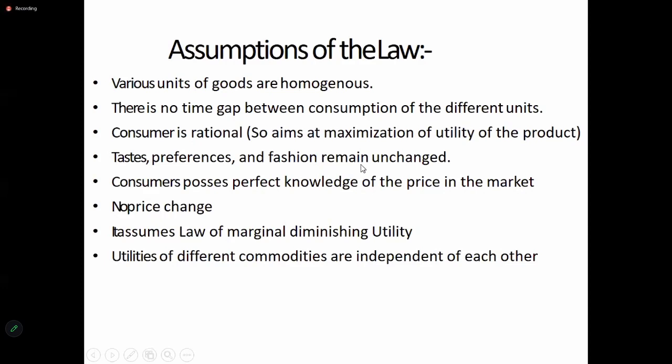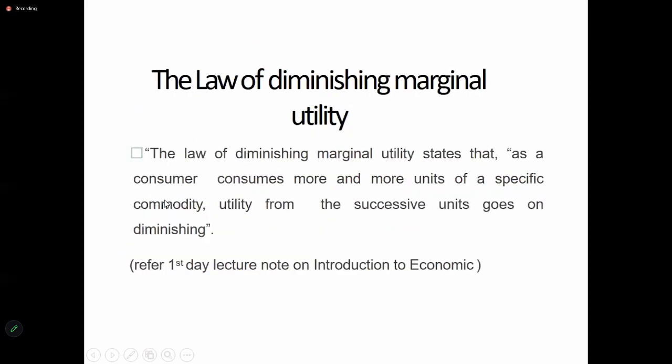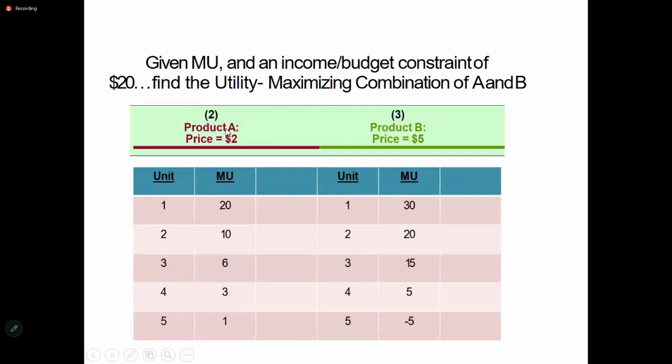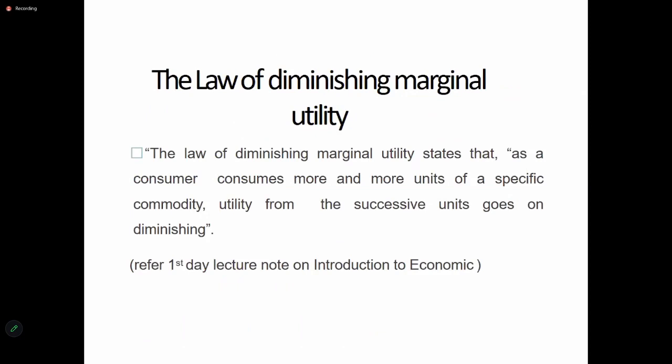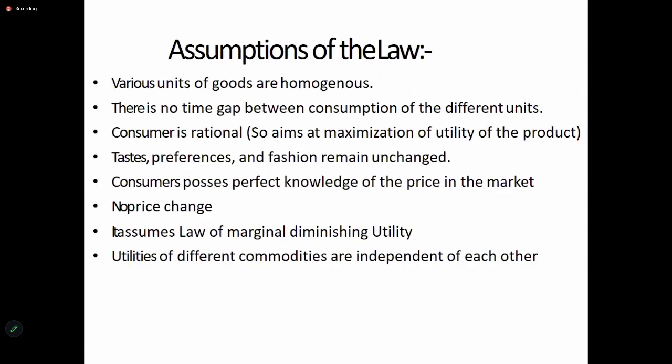Consumers have no perfect knowledge; sometimes producers or middlemen cheat them. We also assume no price change during the period. All products are priced in dollars, but sometimes this week's price is not like next week's price. Still, we think the price remains the same.